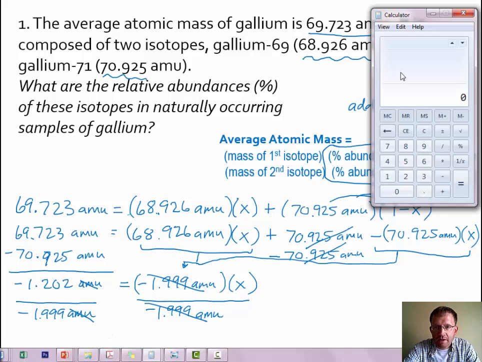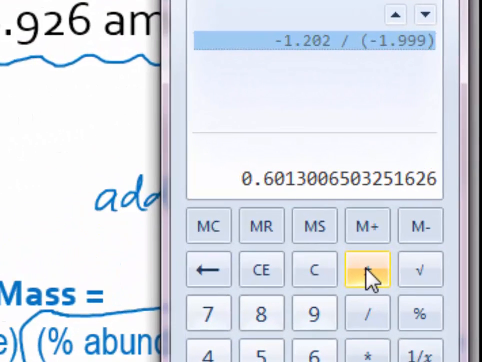What am I left with? Let's punch this value into our calculator and see what we get. I get negative 1.202 divided by 1.999. And my calculator tells me that's 0.6013 and so on. There's a whole bunch of other values behind it.